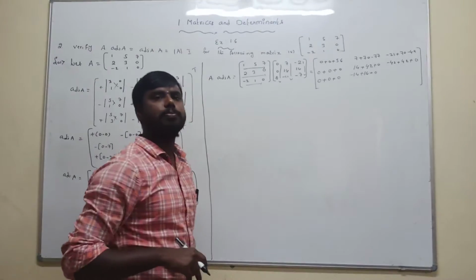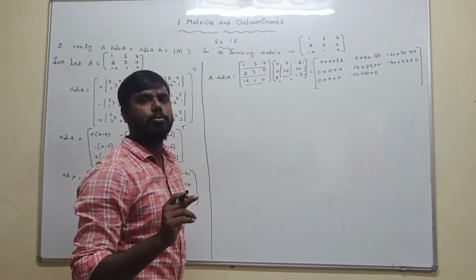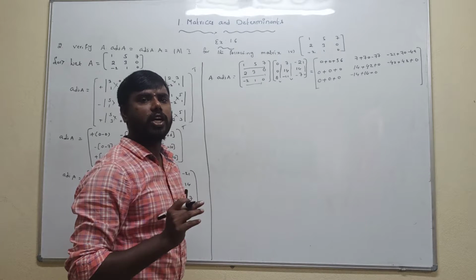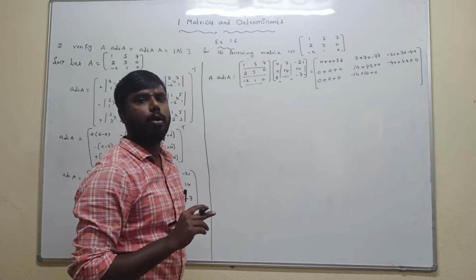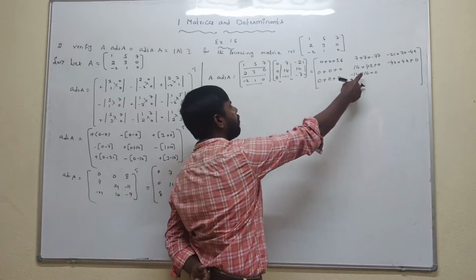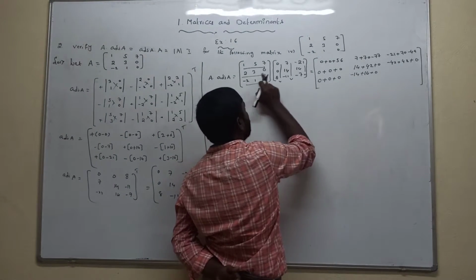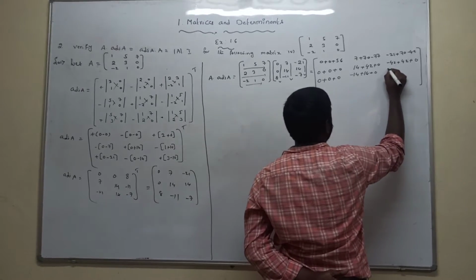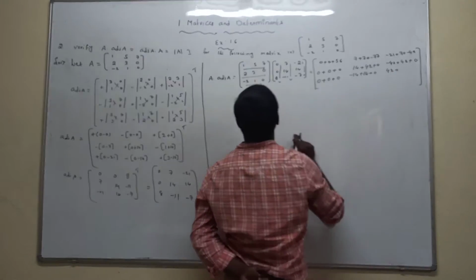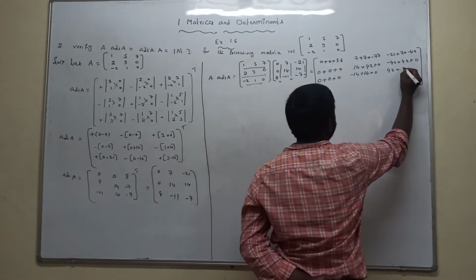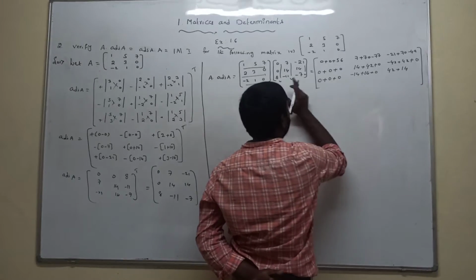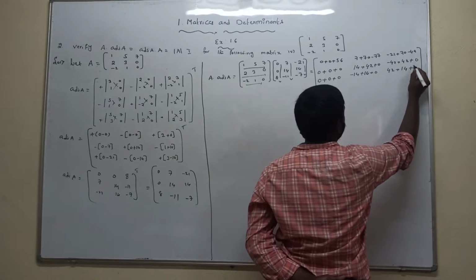Whenever we apply cross multiplication, in the middle we take a negative symbol. Whenever we take the product of two matrices, we take a positive symbol in the middle. That's why we are taking positive. Next, product with the third row, third column: minus 2 into minus 21 is plus 42, plus 1 into 14 is 14, plus 0 into anything is 0.